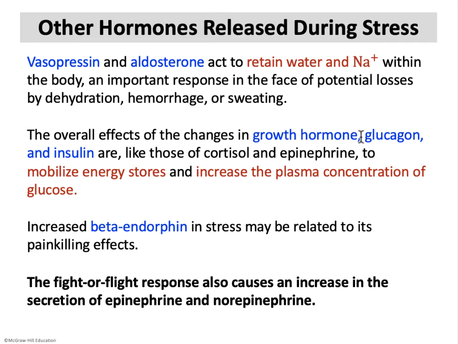When they are affected, you can see that the storage amounts of energy can be impacted, as well as the concentrations of glucose that are necessary to feed the cells of the body. Indeed, beta endorphins are generally released in many forms of stress, and they act as painkillers, dulling down some of the painful outcomes of the stress.